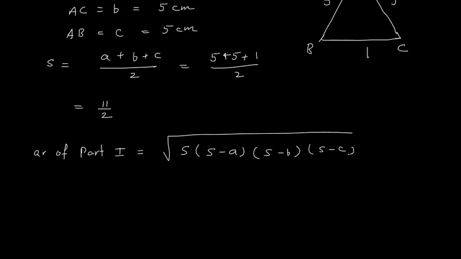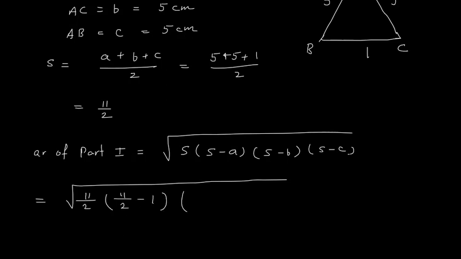So this will be equal to square root of, now the value of s is 11 upon 2, then s minus a, so 11 upon 2 minus the value of a is 1, into 11 upon 2 minus value of b is 5, into 11 upon 2 minus 5.